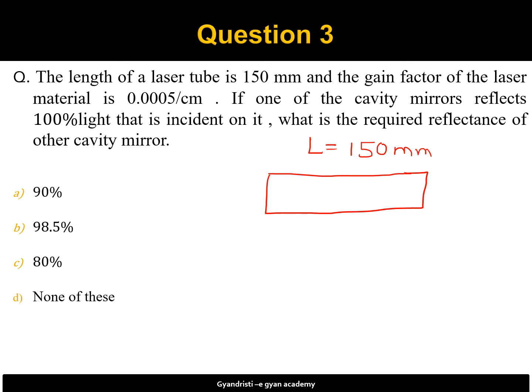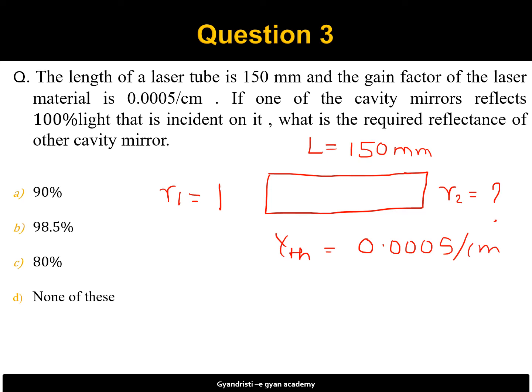Okay, and the reflectivity at one side is 1 and the reflectivity at the other side we have to calculate. It is also given that the gain factor is 0.0005 per centimeter in this medium.